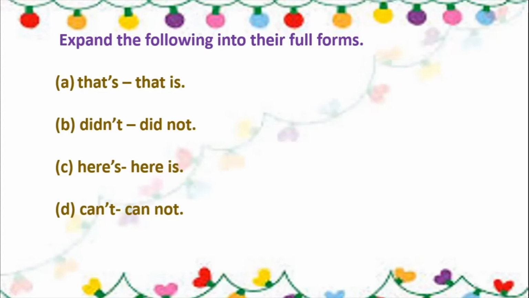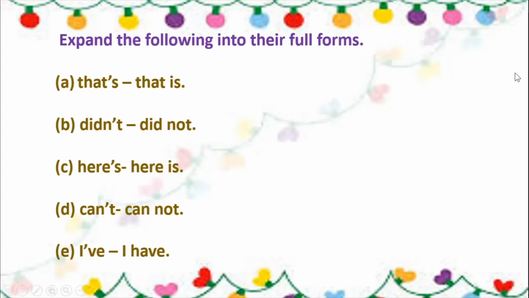So instead of saying I cannot do this, you say I can't do this. Alright? And the last one is I've. I've means I have. So this is how the expanded forms of these words are written. Let us move on and let us go to the shortened forms of the words.